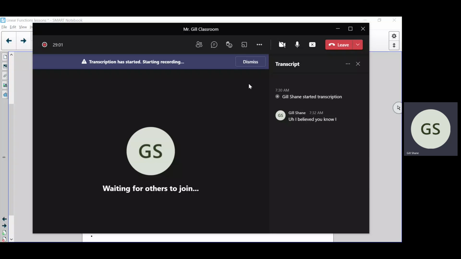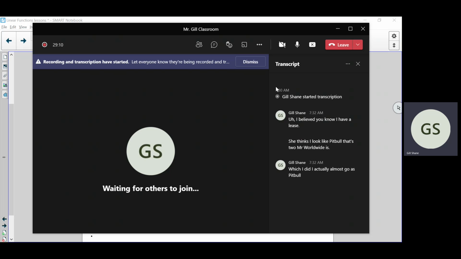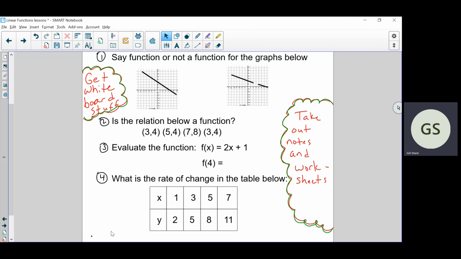Ivelisse, she thinks I look like Pitbull. That's who Mr. Worldwide is. Which I did actually almost go as Pitbull for Halloween one year. I heard that, I think it was in third period, talking about you look like a bald cat. Well, no, actually, that was started by fifth period.